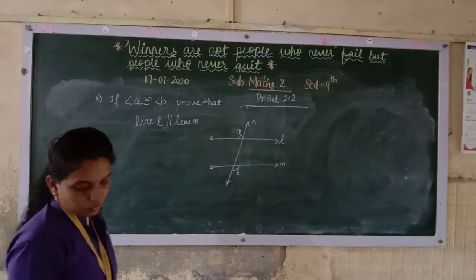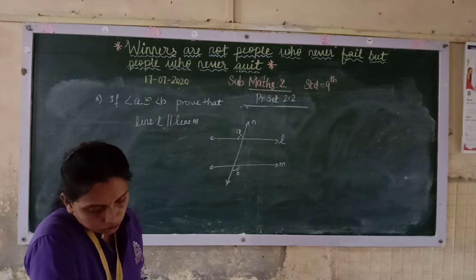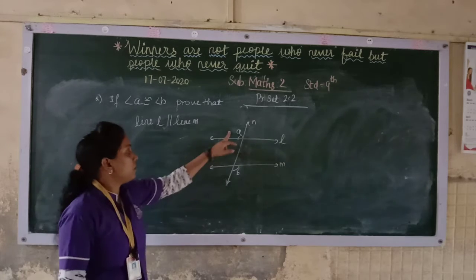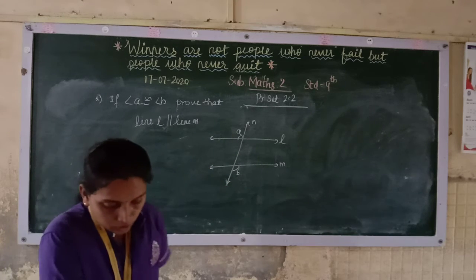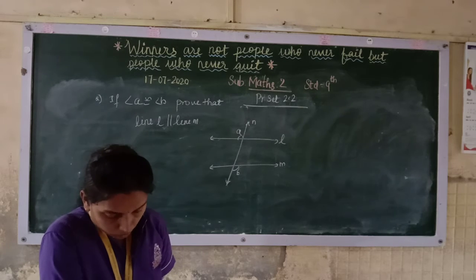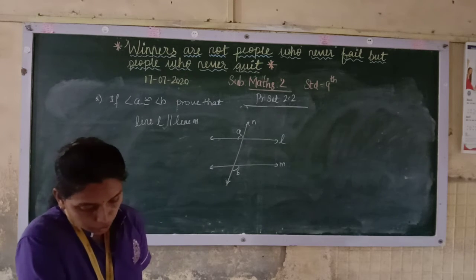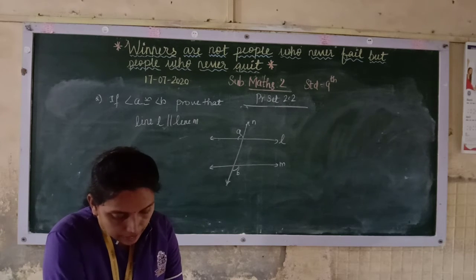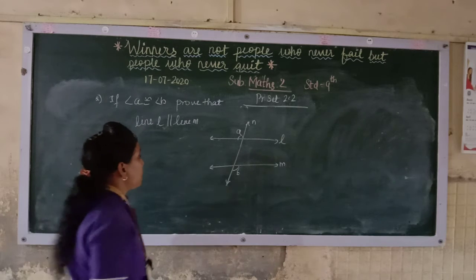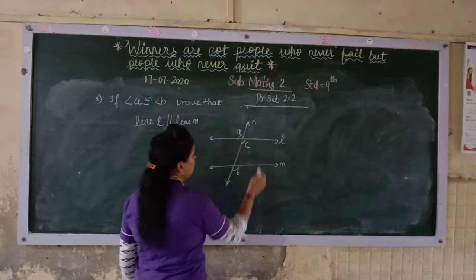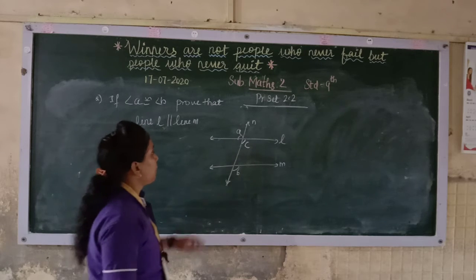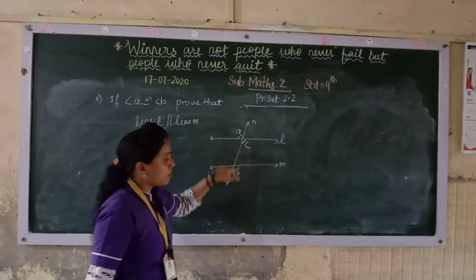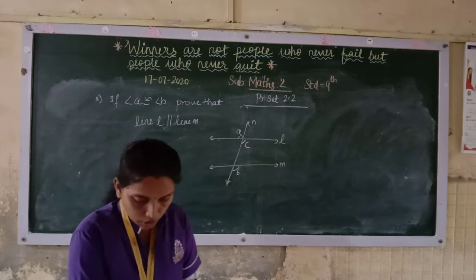Now, if you see in this figure over here, they are given that A is congruent to B. Now how will you do this? As A is congruent to B, you will consider one more angle over here, that is C. Now A and B are exterior alternate angles, that is why they are congruent to each other.